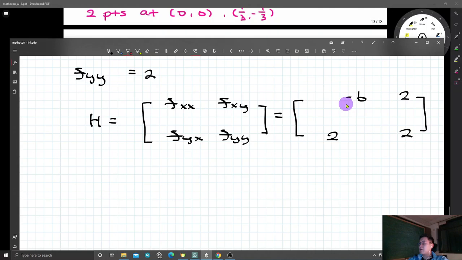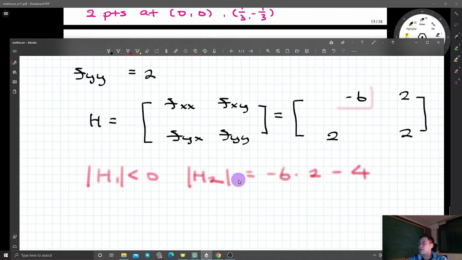The first leading principal minor, H1, is negative 6, which is negative. And the second, H2, the determinant, is negative 6 times 2 minus 4. So that is a negative number, right?